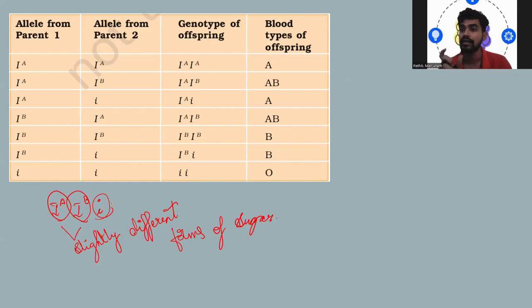Humans are diploid organisms, so each person possesses only two of these three alleles of the I gene. That is, out of IA, IB, and small i, they will be possessing only any two characters.